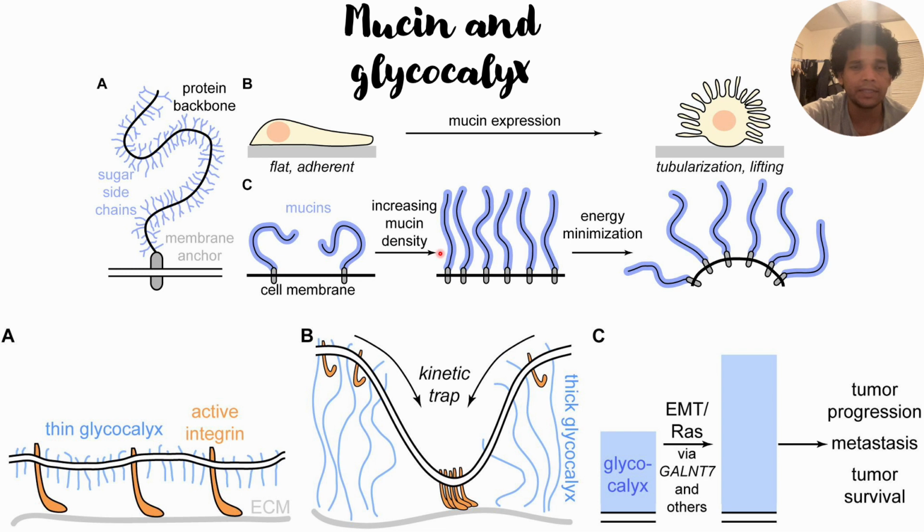With the increase in density, also because of the increase in mucin expression, energy minimization occurs, or we can say the cells will try to equilibrate themselves at the low entropy condition, and they will form this tubularization or lifting kind of structure.